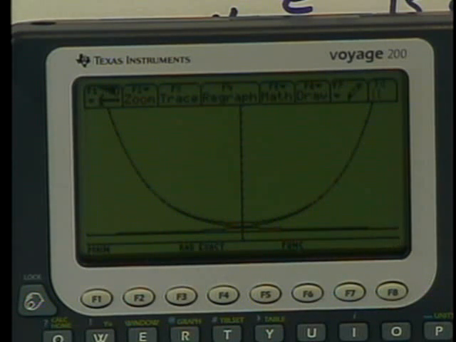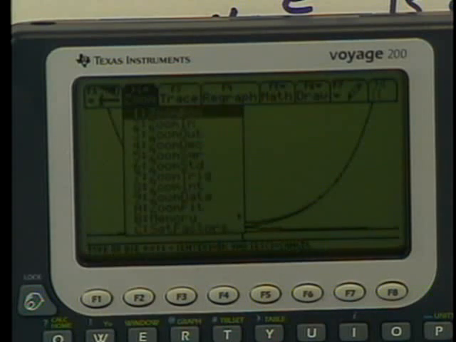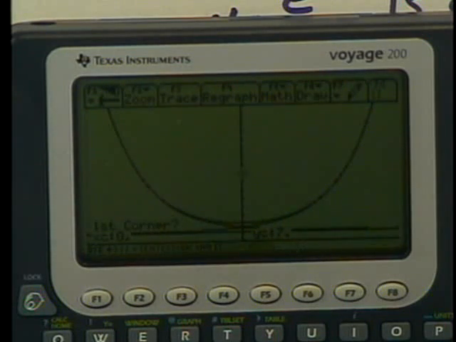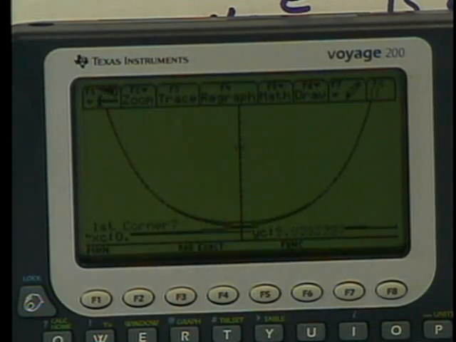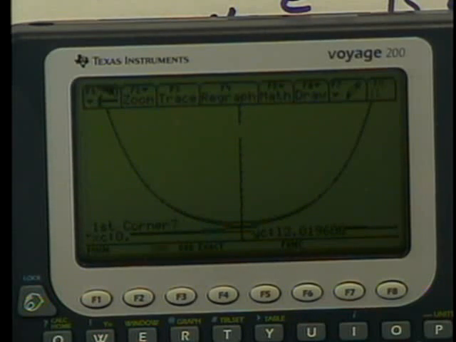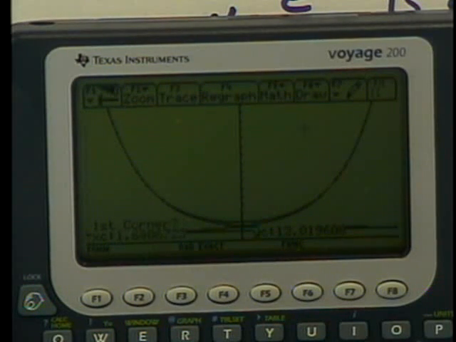Now, how can I verify it's really an asymptote, they don't become one and the same? Well, you could go to zoom box and then go up here somewhere to where it looks like they're the same curve. And we'll get really close.